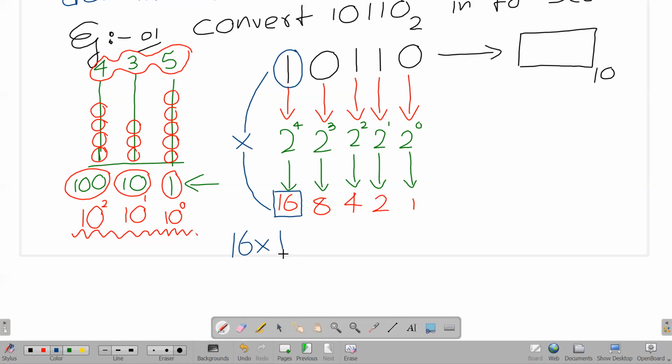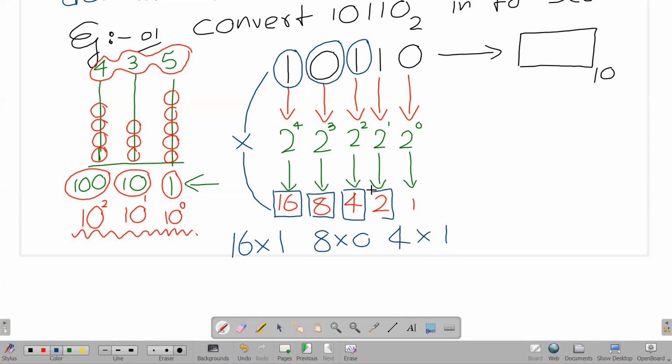We are going to do the same for the other places as well. So 8 will give me 8 into 0, because its symbol value is 0. The place value 4 gives a multiplication with 1, so 4 into 1.